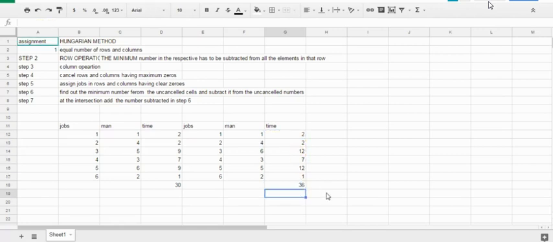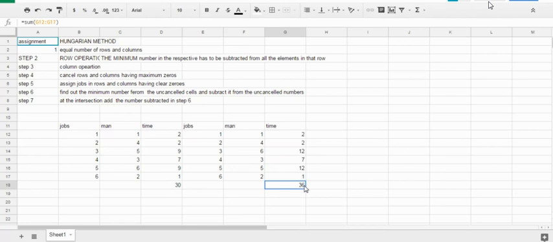Our solution is 36. So we have two answers here. In the first answer, we have 30 hours, and in the second answer, we have 36 hours. So the solution which we get is the minimum time taken, 30 hours, because here it is 36.